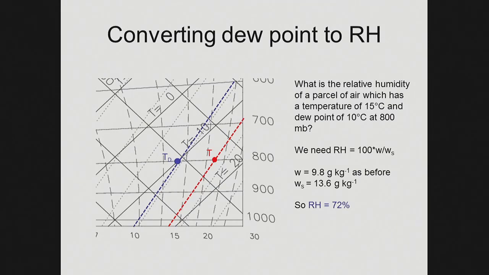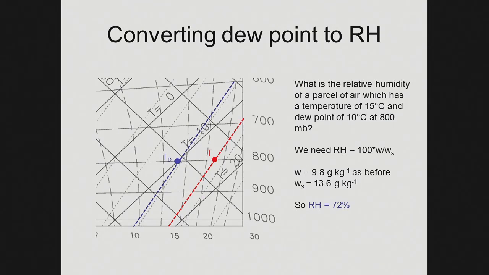This is the temperature, and if the air was saturated, it would also be the dew point. So that would be the dew point if the air was saturated, and that would be the mixing ratio. It turns out to be 13.6, reading between these two points here. And so we get a relative humidity ratio between the two of 72%.